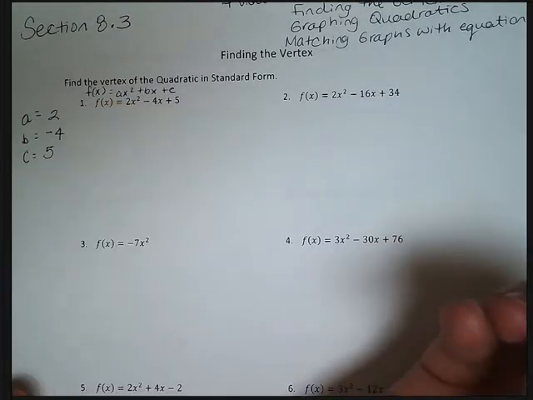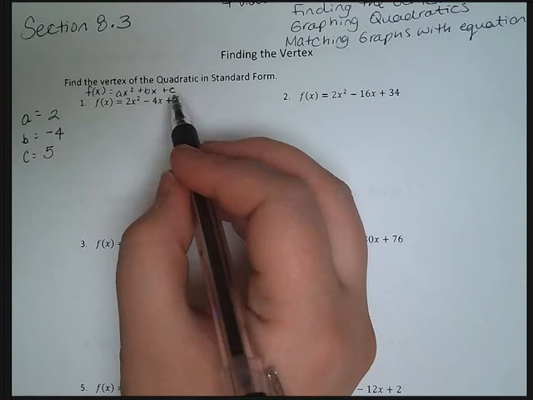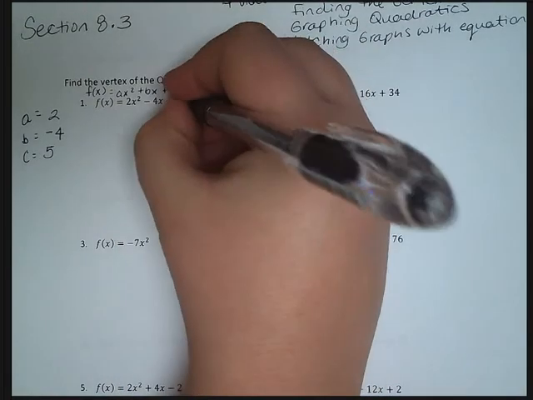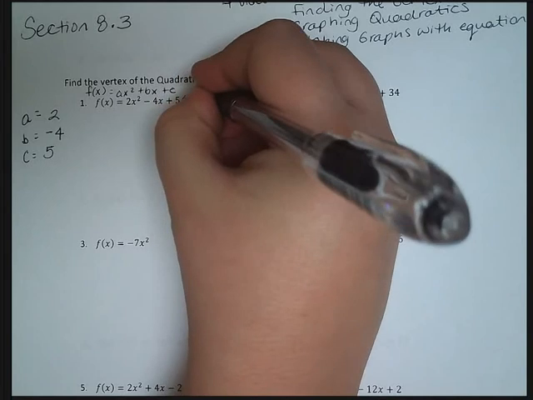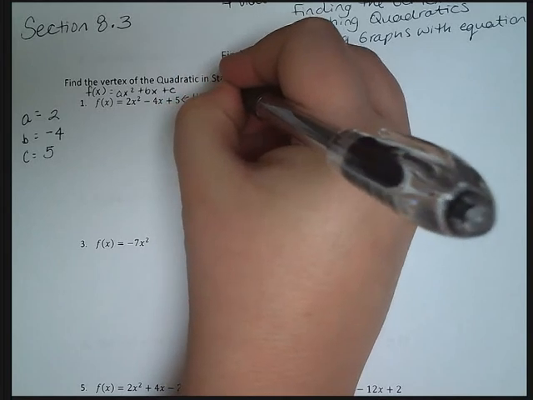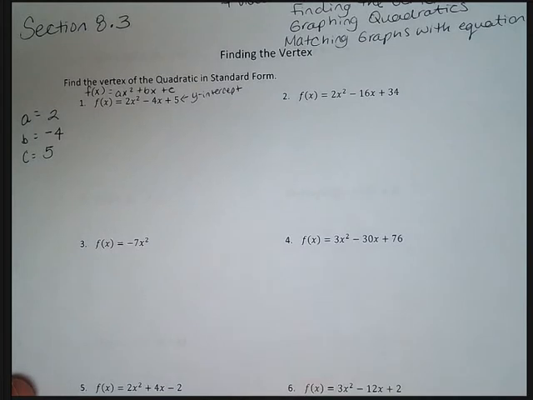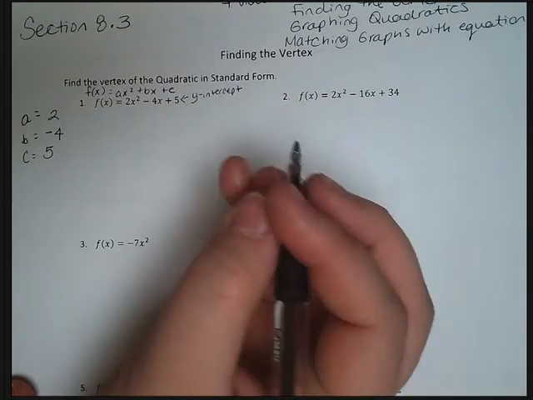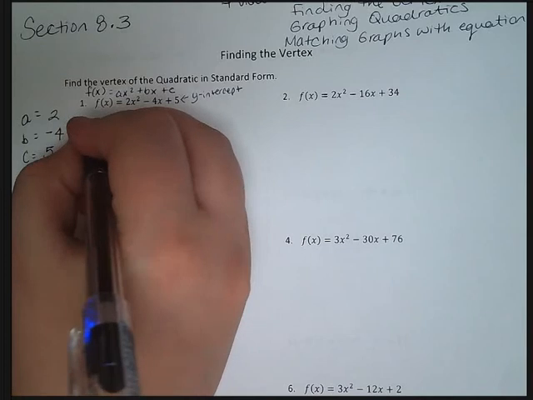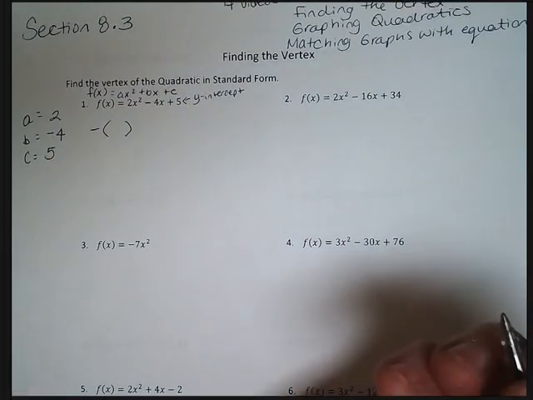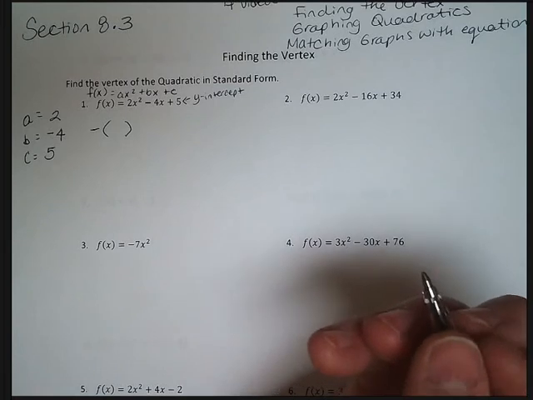And just as a little bit of a review, if you remember, the number that's by itself is also known as your y-intercept. Okay? So, in order to find our vertex, negative b over 2a. Remember, whenever you are plugging in a number for a variable, you should always surround it with parentheses.